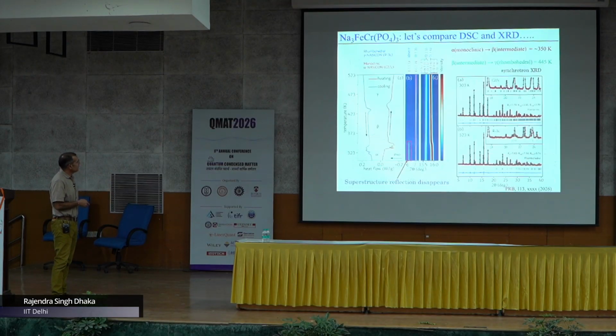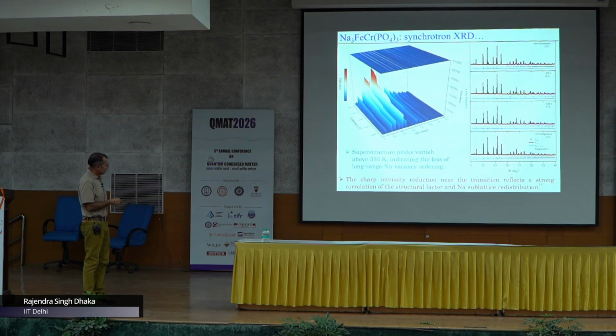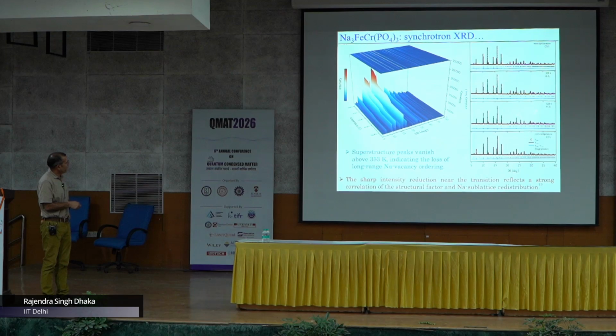And what you can see here is that at room temperature we were able to fit this with monoclinic, and then at 358 Kelvin this peak disappeared. That is the superstructure peak that I showed you, and up to 523 this peak is not there, and then when we come back to room temperature this peak comes back.